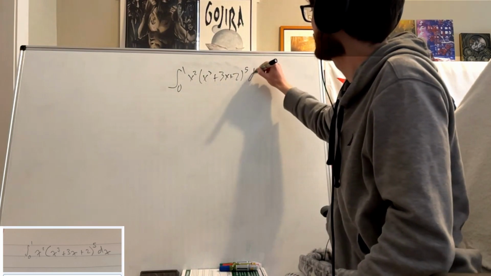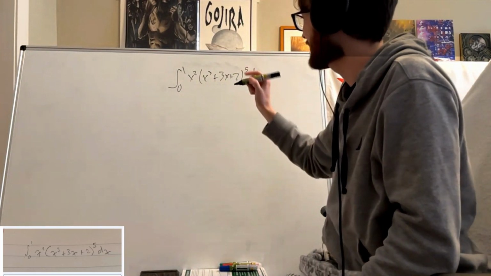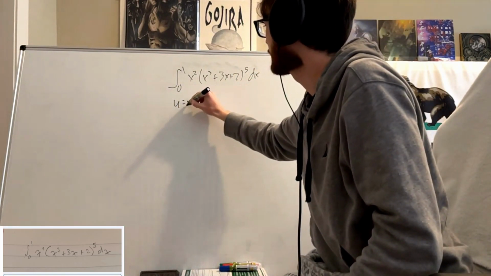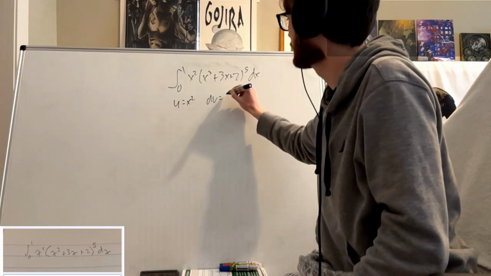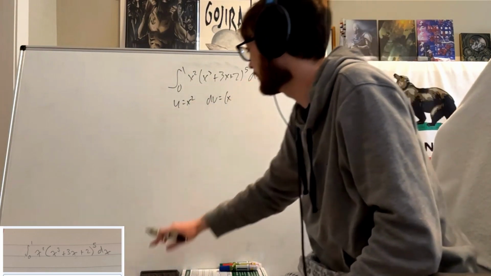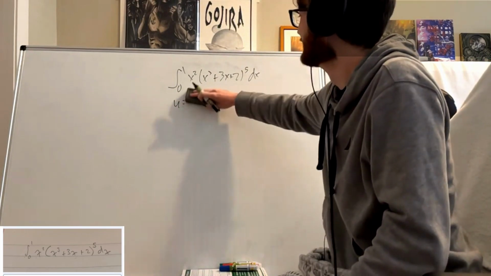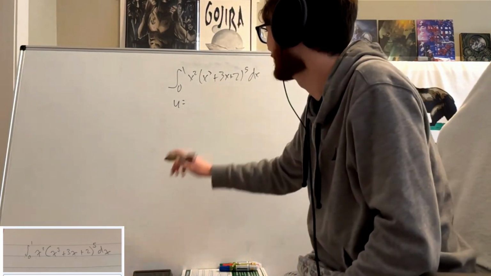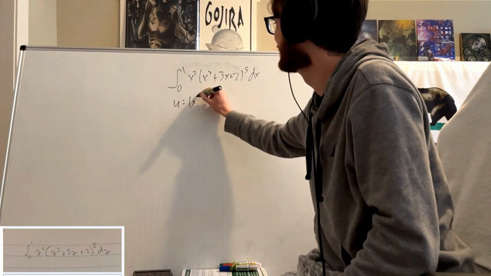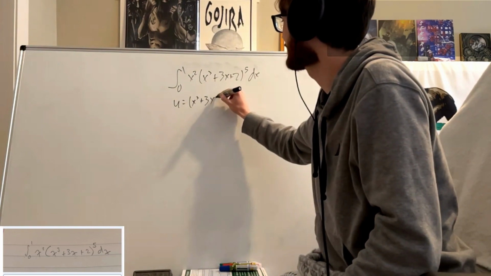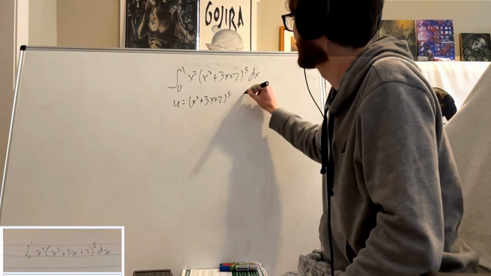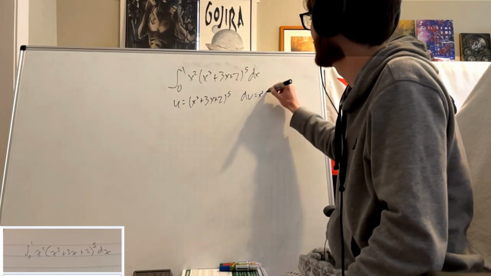To the 5th dx. Okay, so if we integrate that by parts, we would take u equals x squared and dv equals... No, other way. We want to derive this monstrosity because integrating is even worse. Our dv is going to be x squared dx.